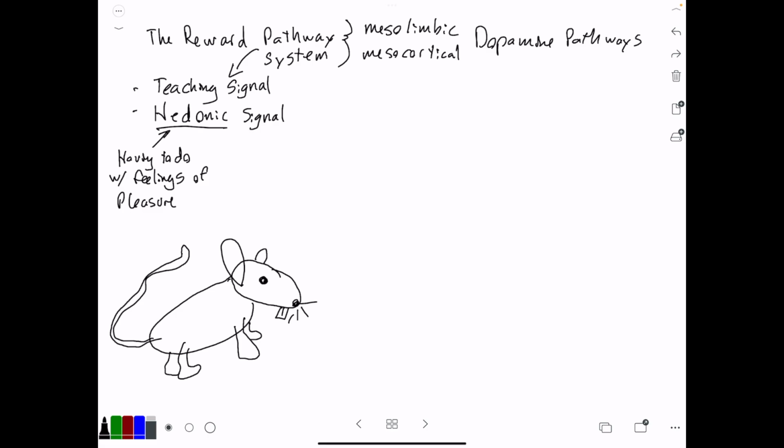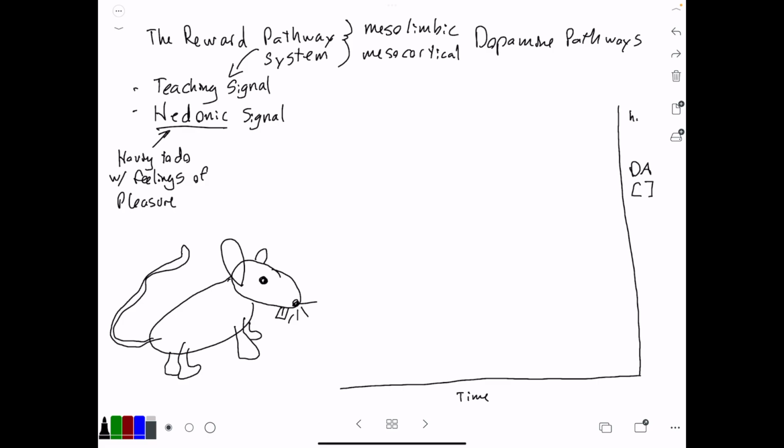And so we can put this rat into a cage. And first, let me set up our graph here. So this is time, and I'll draw it over here. This is our dopamine concentration, and I'm going to draw multiple graphs here.